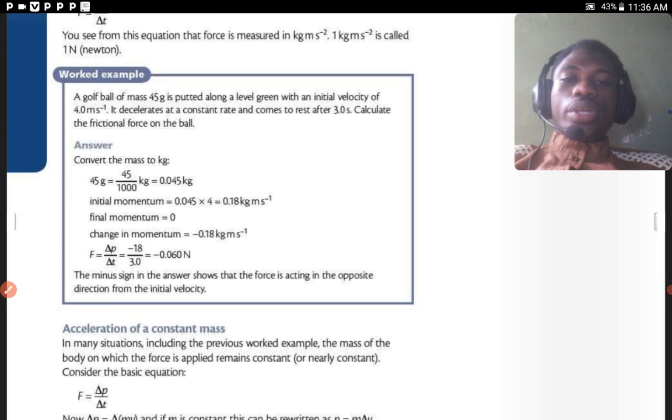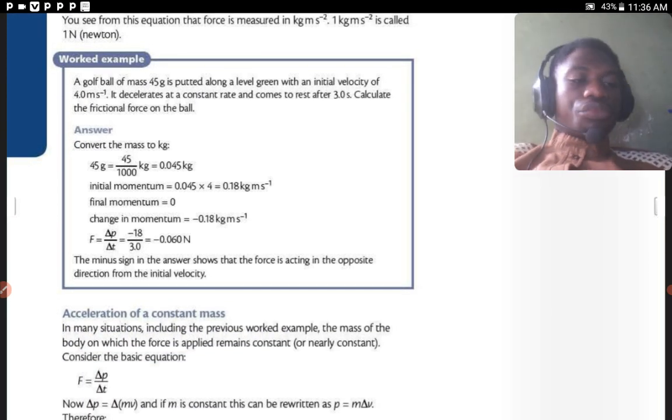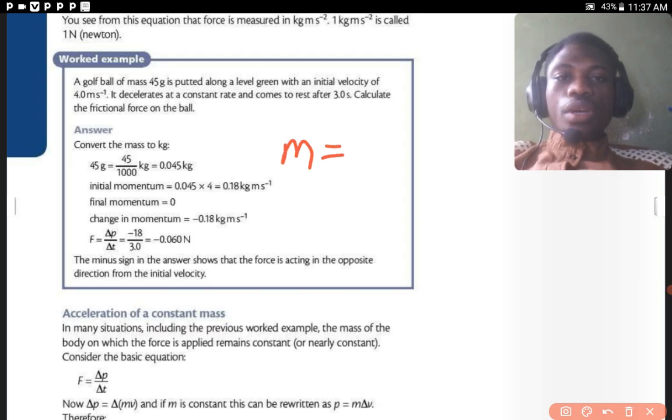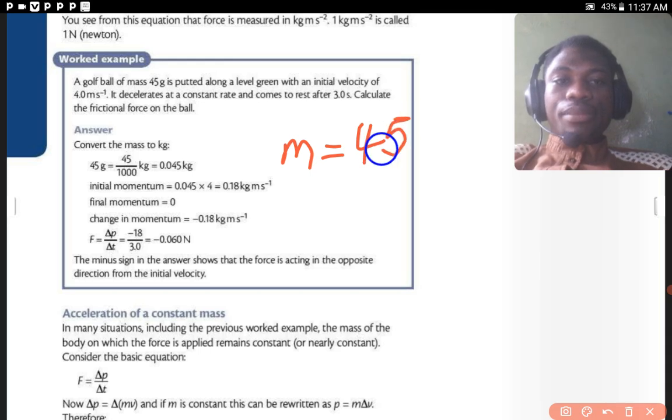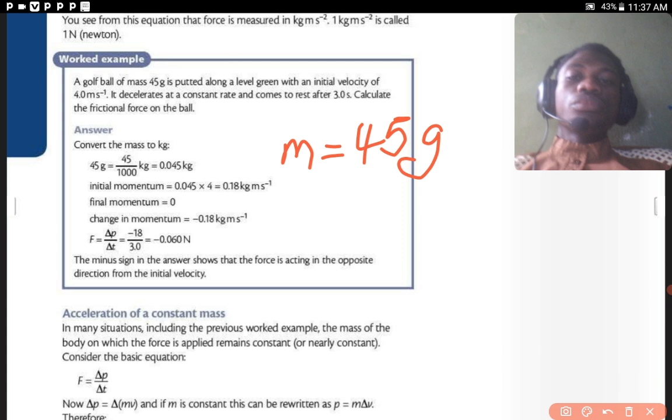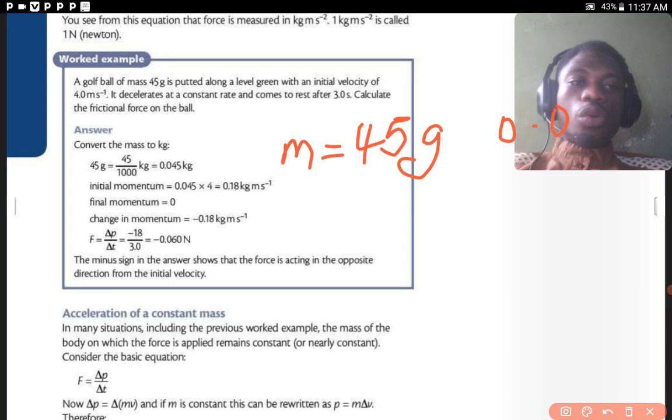We have a question to answer. The question reads: a golf ball of mass 45 grams. Take note, it's in grams, so you have to convert it to kilogram. Converting this to kilogram, you have 0.045 kilogram.